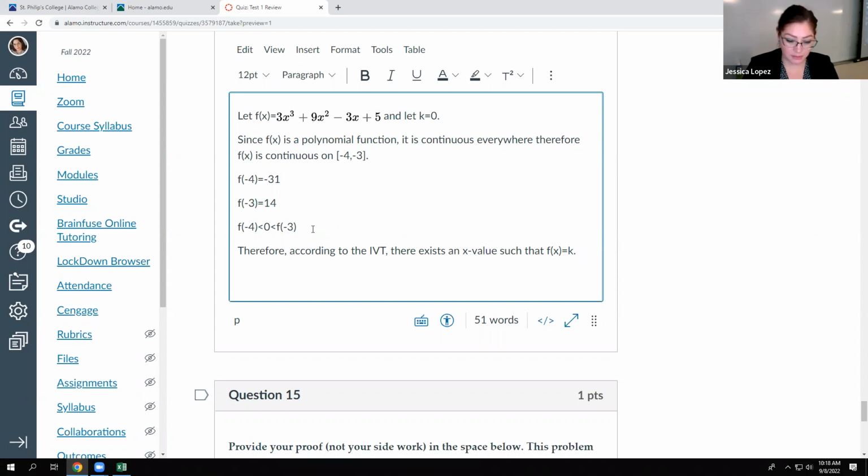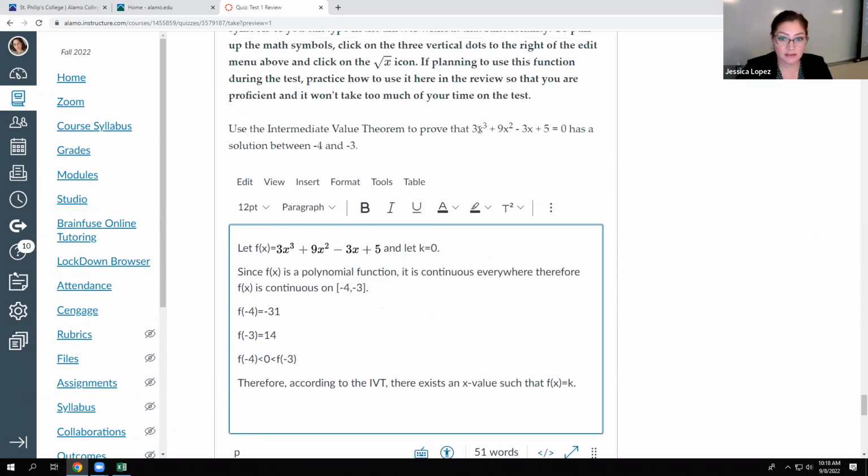And what does that mean? That means if you're saying that there exists an x value such that f of x equals k, isn't that saying that there exists an x value such that this equals this? Because this is f of x, is it not? And this is k.